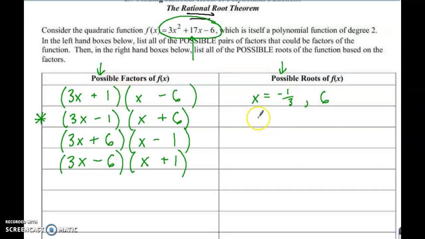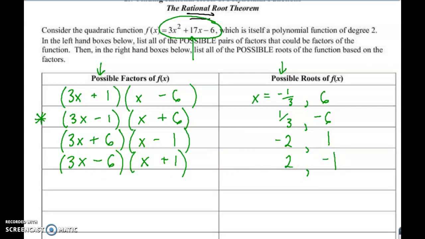This would have been positive 6, but then down here it would have been positive 1/3 and negative 6. Down here, negative 6 divided by 3 reduces to negative 2, positive 1. This one would have been positive 2 and negative 1.